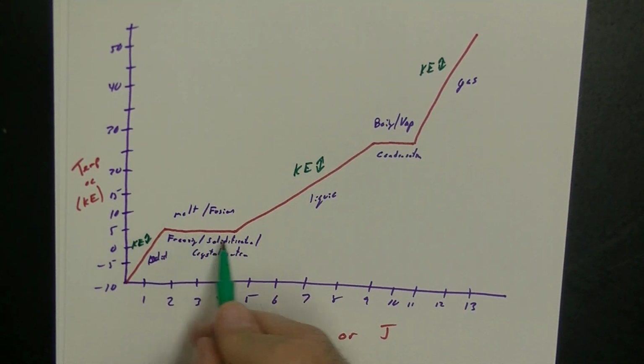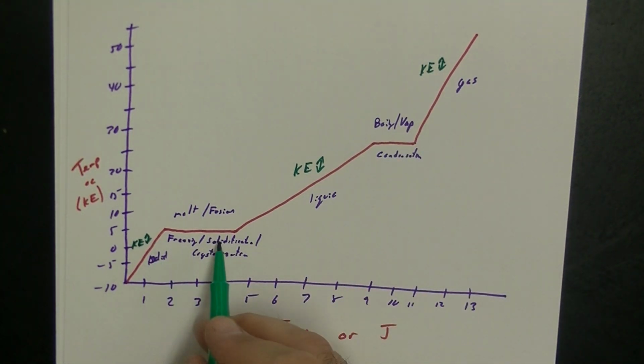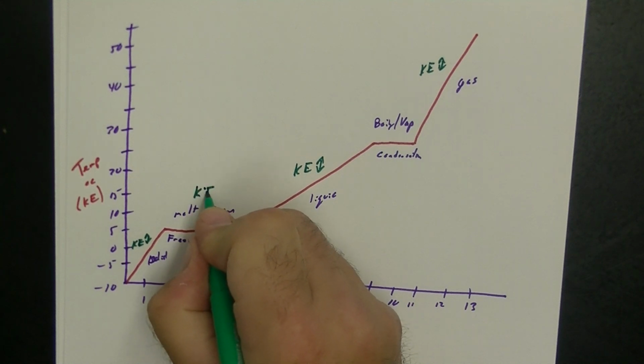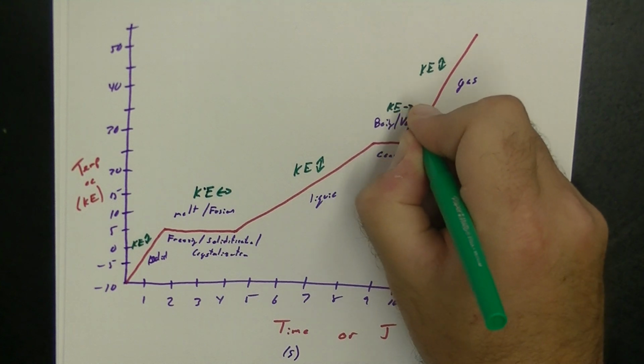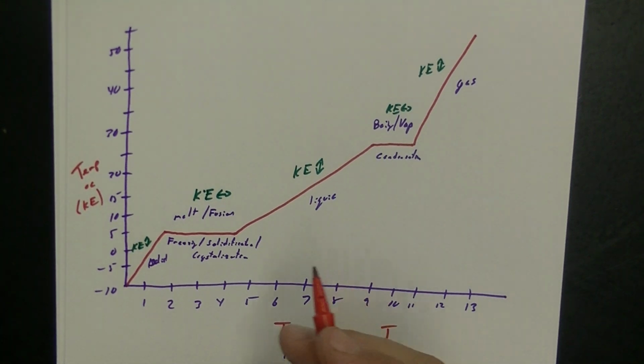Does kinetic energy change during phase change? Well, the question is, does the temperature change? And that is no. So during our phase changes, our kinetic energy stays the same. It remains constant. The other energy we have to deal with on here is potential energy.